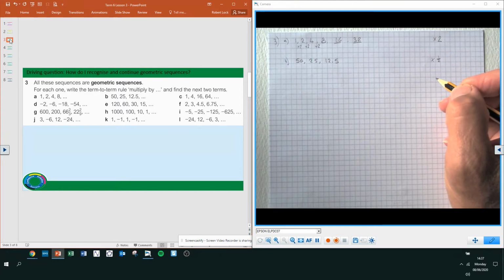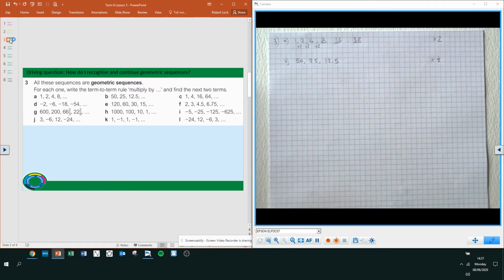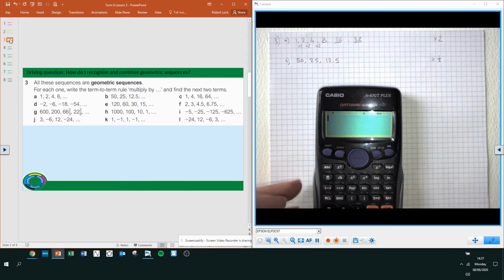So use the calculator. See that? So 50 times 1 over 2 is 25. So times by fraction 1 over 2 gives us 25 over 2 or 12.5.